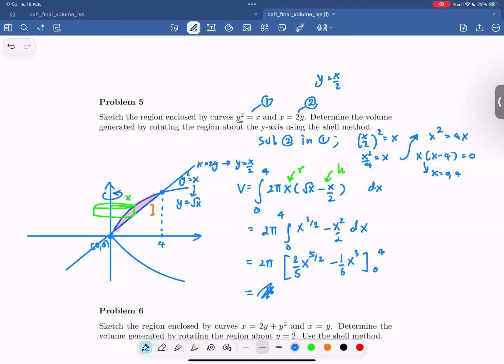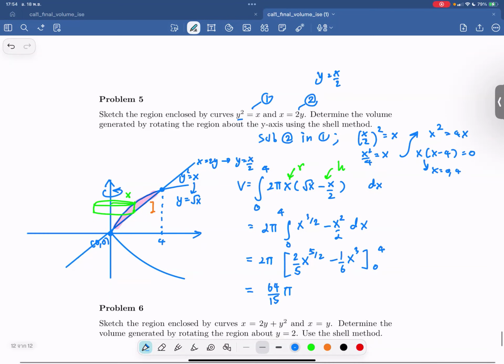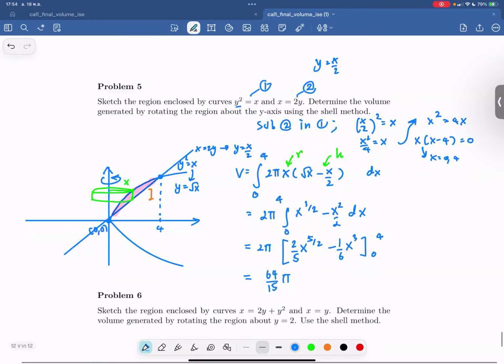And the final answer should be 64 over 15 pi. Okay, so is there any question for problem 5?